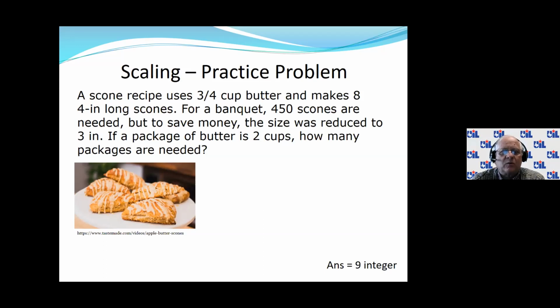So in that case, it would be 450 divided by 8, and then I would have 3 over 4 cubed, and that would be equal to the cups of butter divided by 8 cups.